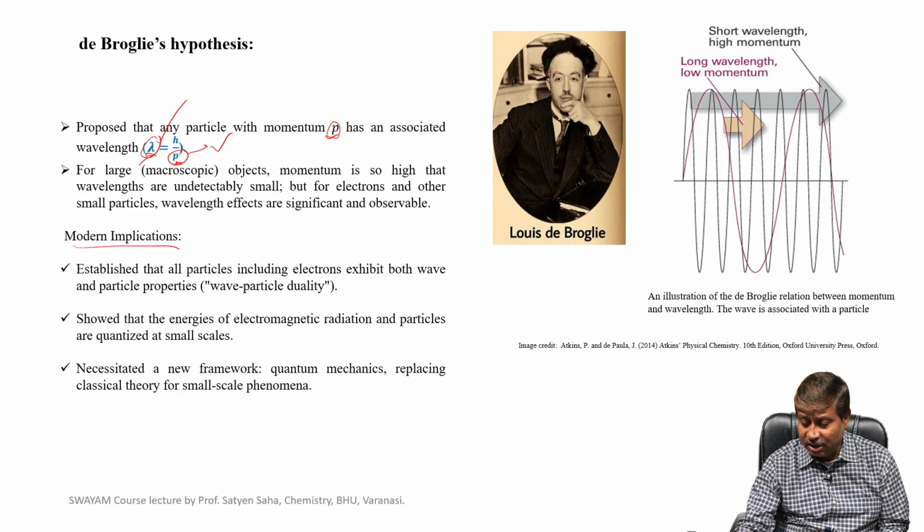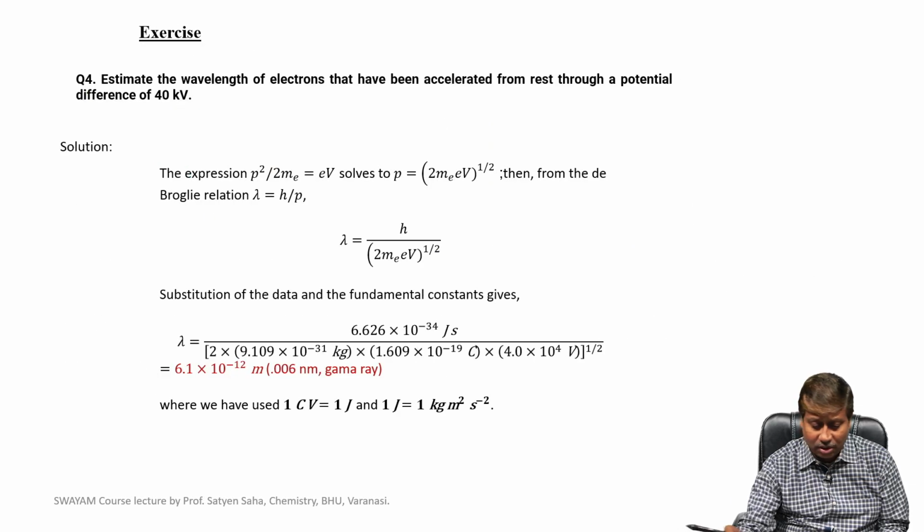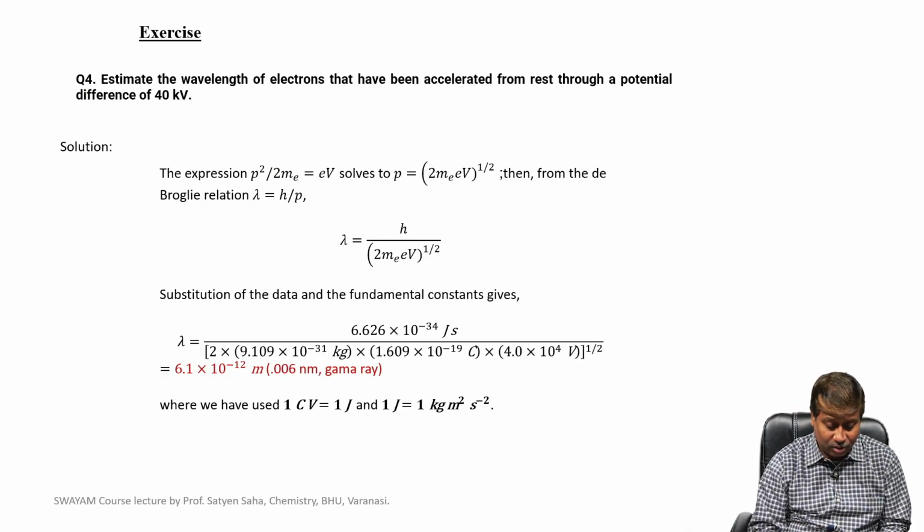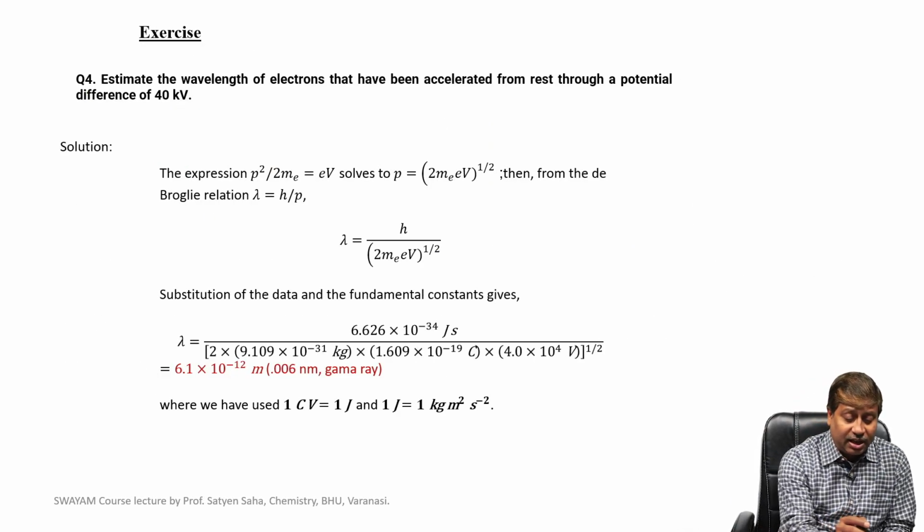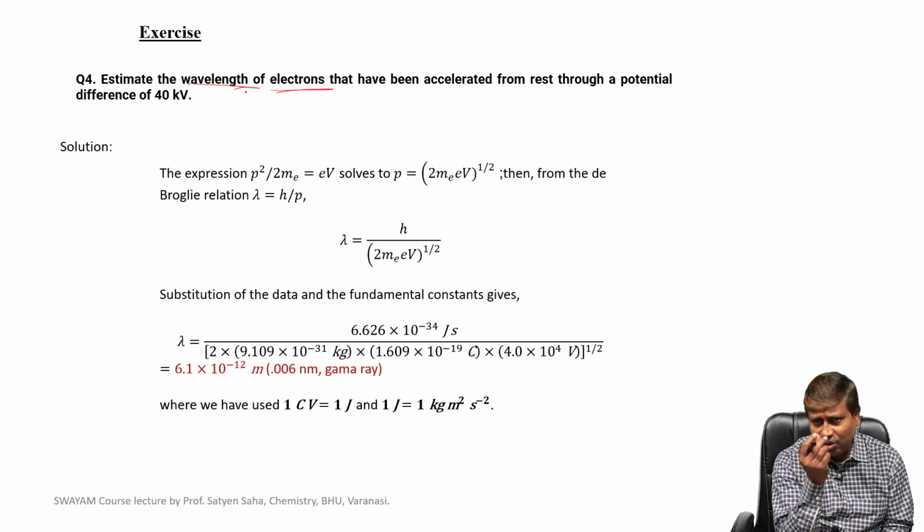So, let us see one small example. Estimate the wavelength of an electron, a small particle, that has been accelerated from rest through a potential difference of 40 kilovolt.